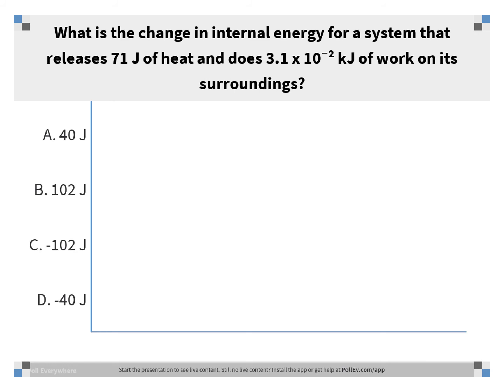So it says that the system releases 71 joules of heat. So 71 joules of heat are going out of the system. So the 71 is actually going to be a negative. And it also says that the work is being done on the surroundings, that is, by the system on the surroundings. So that's also going to be a negative value. So we'll have negative 71 for the heat and negative 31 for the work, making a total of negative 102 joules.